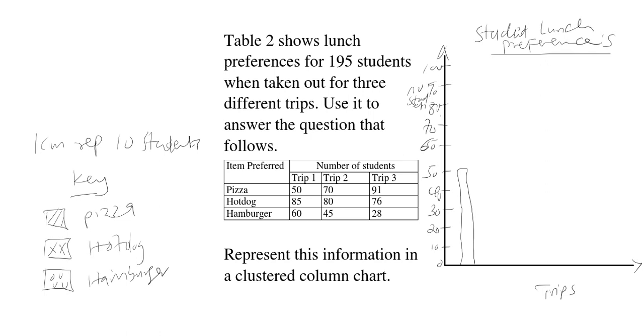So we have this column for pizza. Then the other one is 85, which is hot dog.